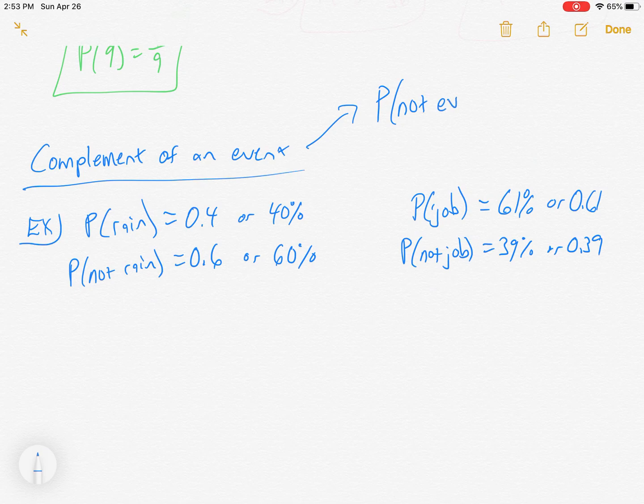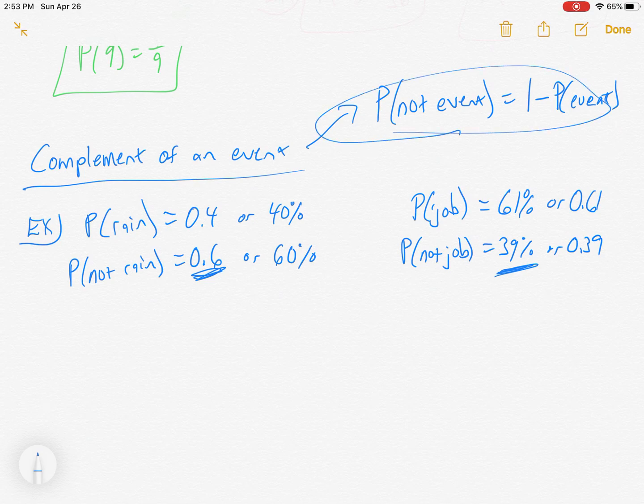You get it or you don't. You get into that college or you don't get into the college. Or I guess there's waiting lists and all that kind of stuff too. But let's say you're either in or you're out. So this idea of complement is here. The probability of an event not happening is 1 minus the probability of the event happening.